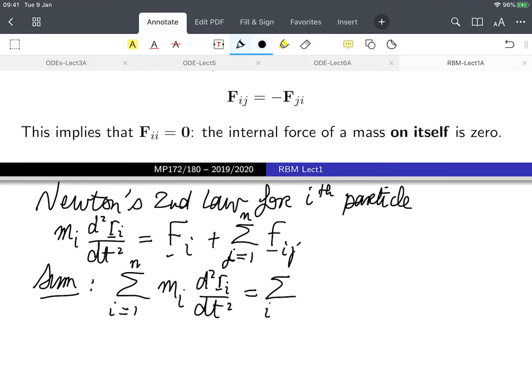So on the right hand side, I have to sum the external forces, and then I have to sum the internal forces. So that's going to be a double sum. Okay, so that looks crazy.